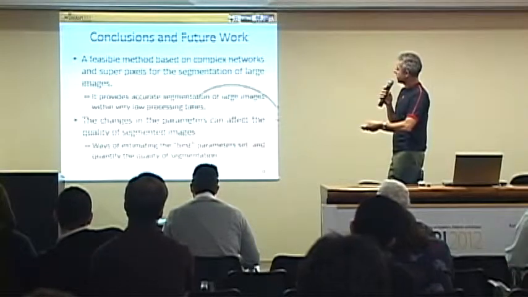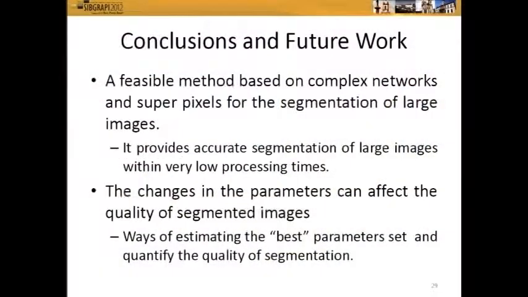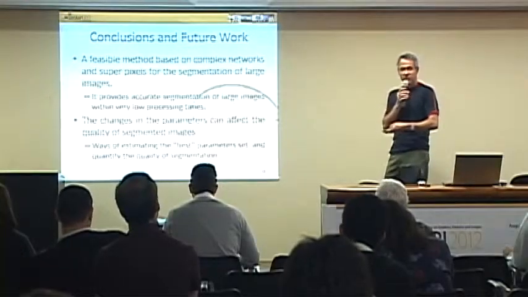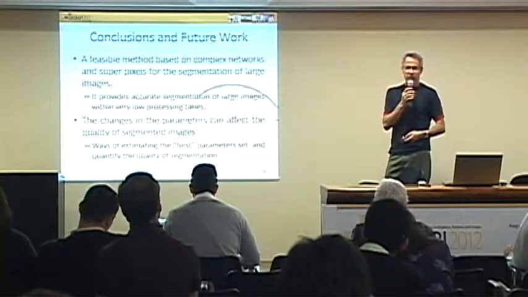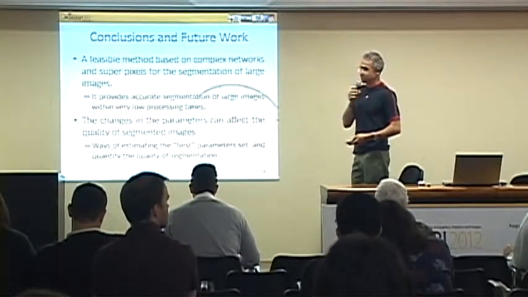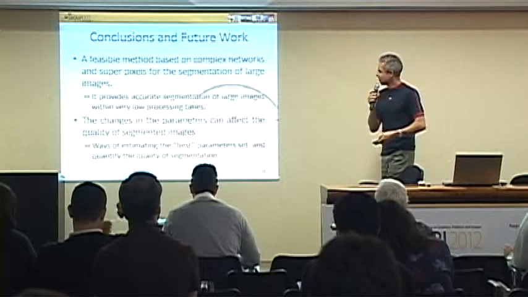And as soon as we ran these experiments, we thought we have to tackle the parameter problem. This is something we have to deal with, and we are dealing with right now. We have already dealt with some of it, and it's working quite nicely now.